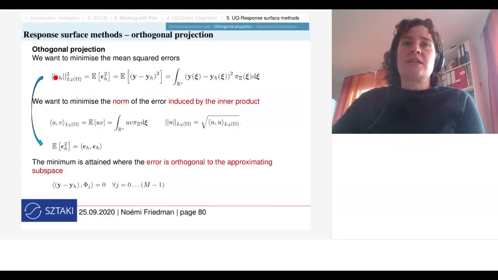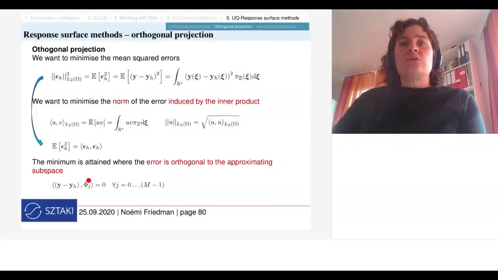This is what I use here because I can connect this by the nice theorem that if I have a certain inner product and I induce a norm for that, then this norm can be minimized when the error is orthogonal to the approximating subspace, okay?